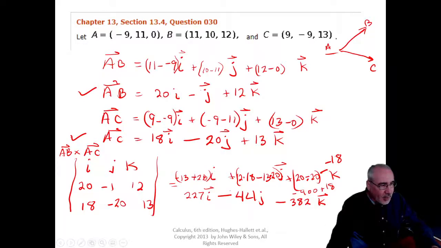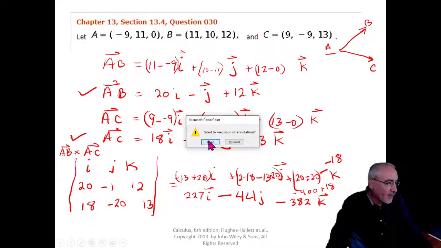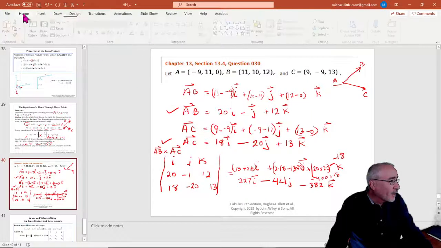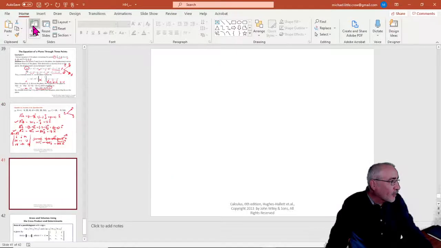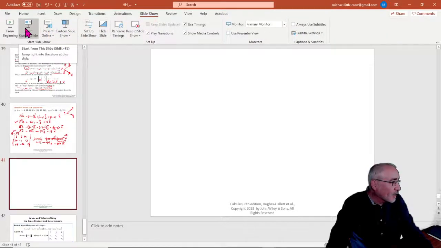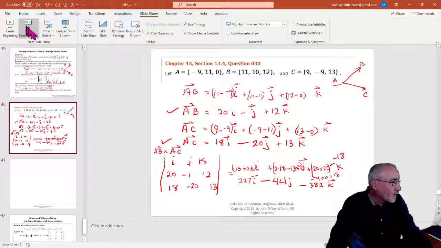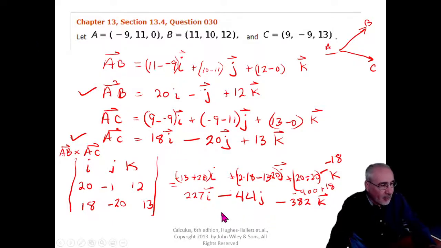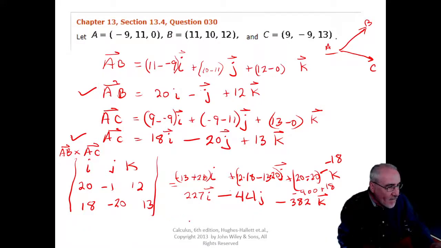What we do is we put in, back to the slideshow. Okay, so 227, negative 44, negative 382. It's going to be easier if I do it here.